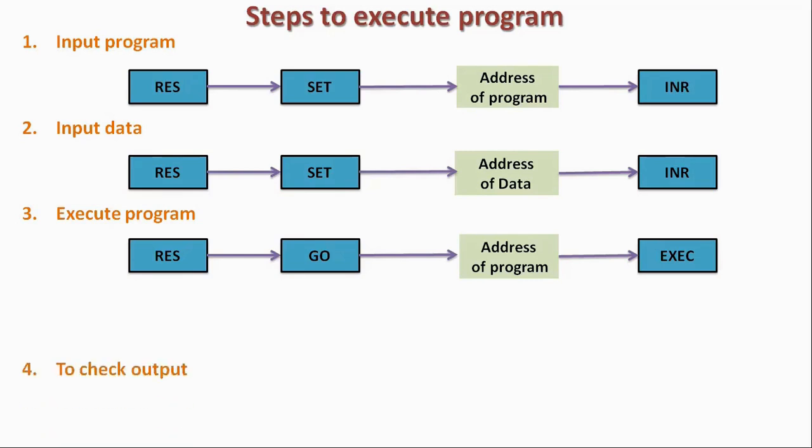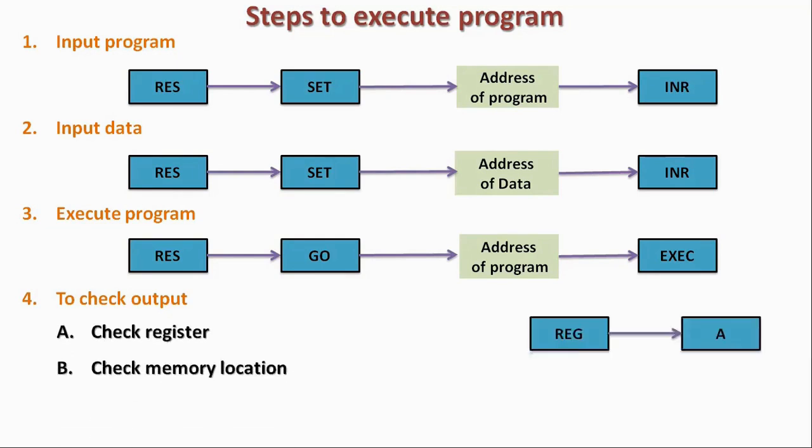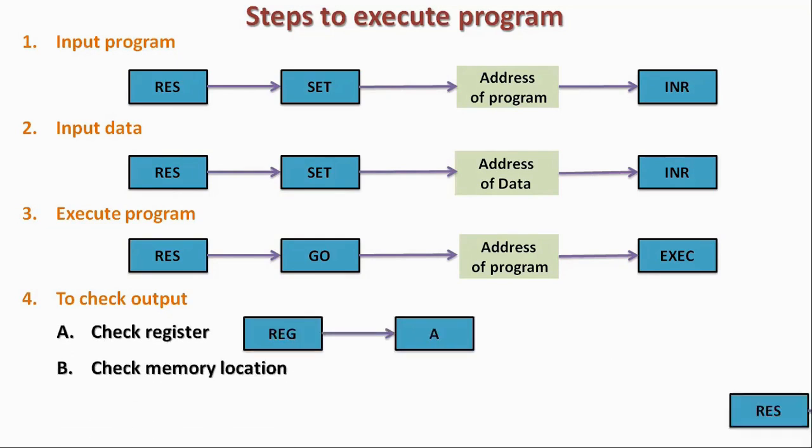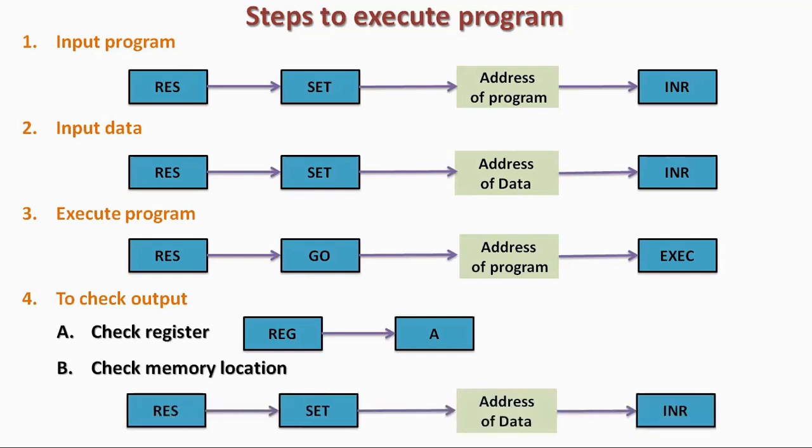So to check the output, we are going to follow again two steps, because your output is present either in a register or in a memory location. So to check the register value, we'll press the register button and then press A. And to check the memory location value, if you want to check the output data in the memory location, then reset, set, address of the data.